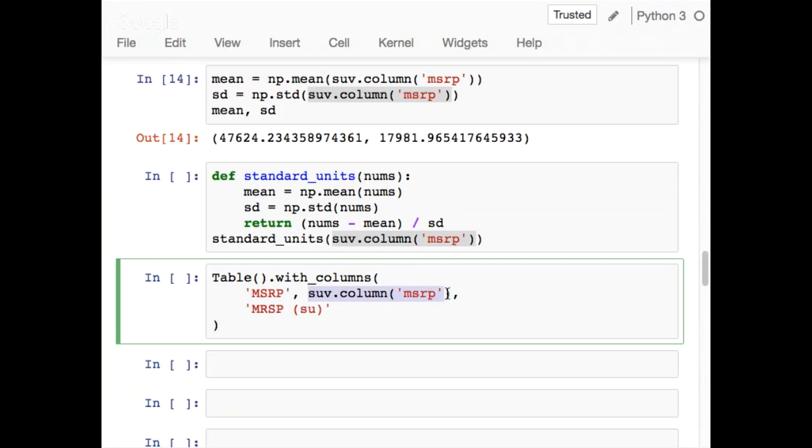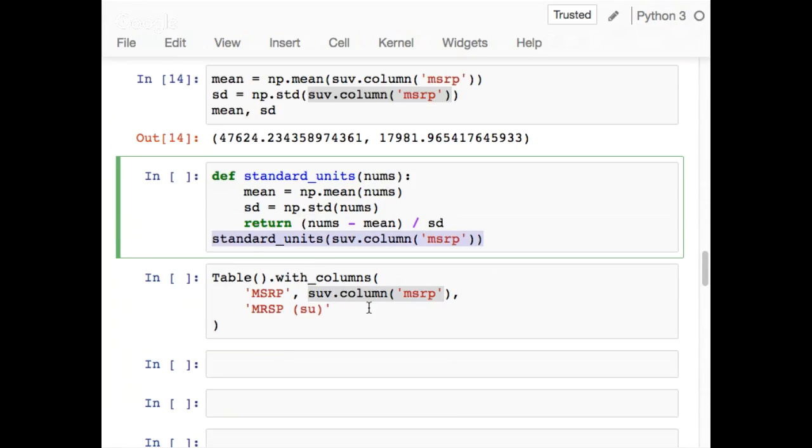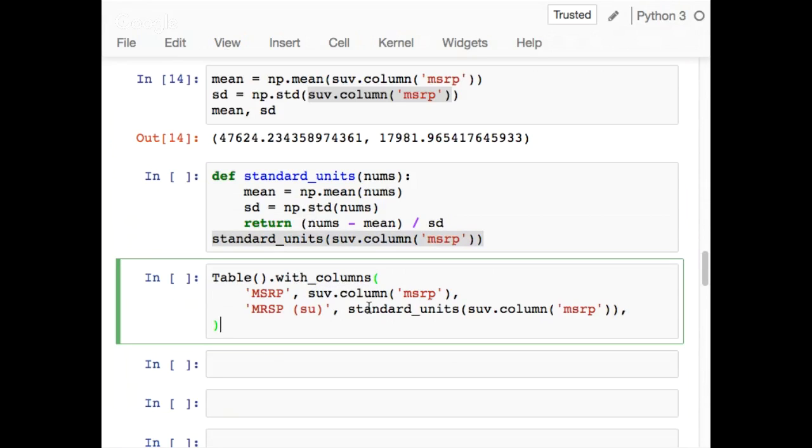Okay, so I'm going to do that. Put that in there. Bam. What if I scatter plot these two? I'm going to scatter plot the MSRPs with the MSRPs in standard units. What do I get back? Talk it over with your neighbor. What should I notice?